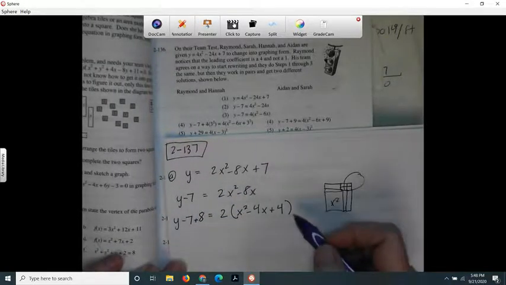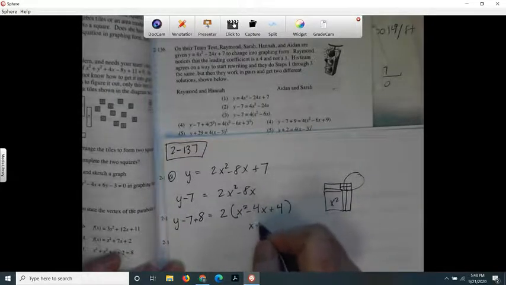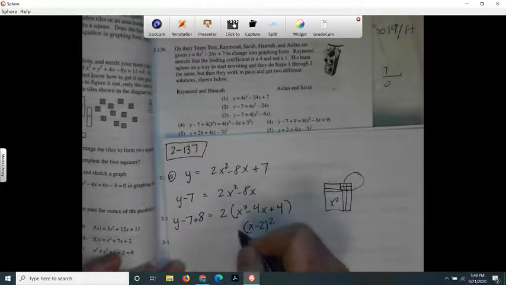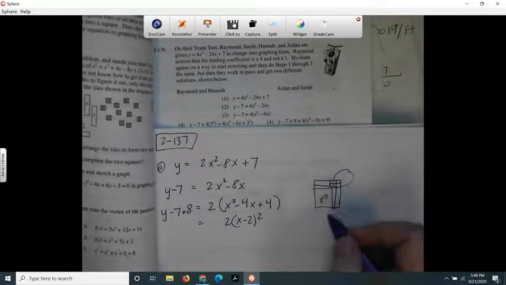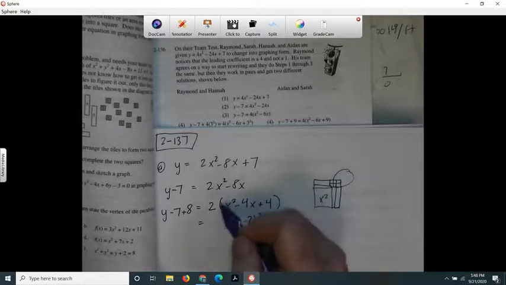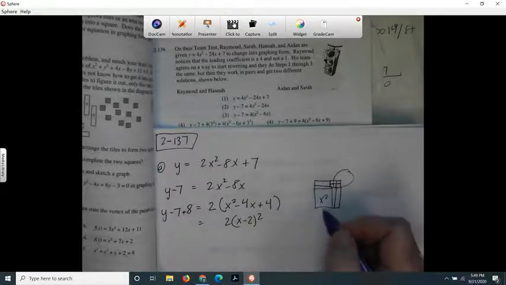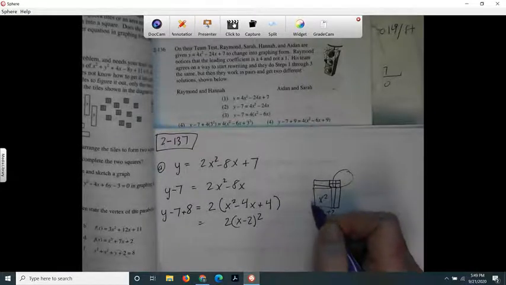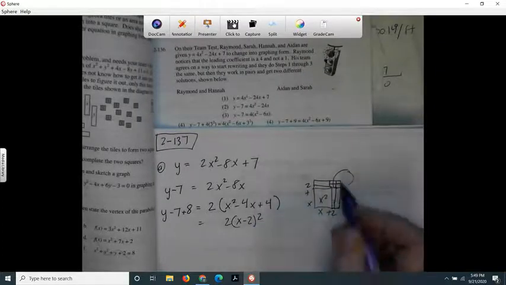Okay, this thing right here can be rewritten as x minus 2 squared. And if that doesn't make sense to you, look at your model that you just made. This little trinomial right here, there's my x squared, there's my negative 4x's, and there's my 4. That gives me x minus 2 times x minus 2.